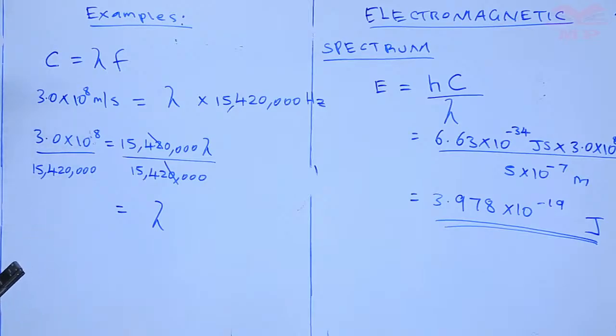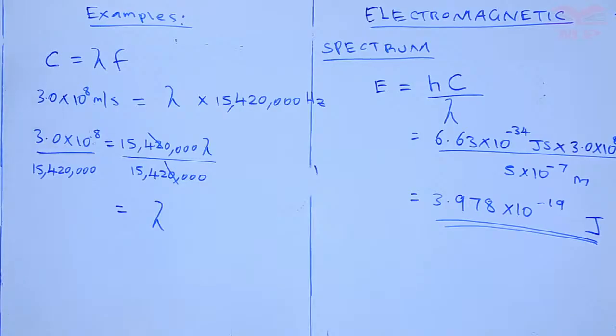So again, you just pick your calculator and we find this. Remember to put the bracket. You first open the bracket, put 3.0 times 10 power 8. Close it, then divide by, open again, 15,420,000. Close the bracket and get an equal to sign.